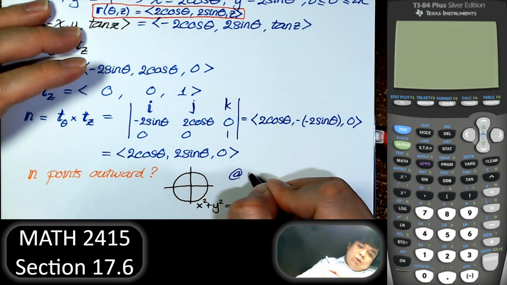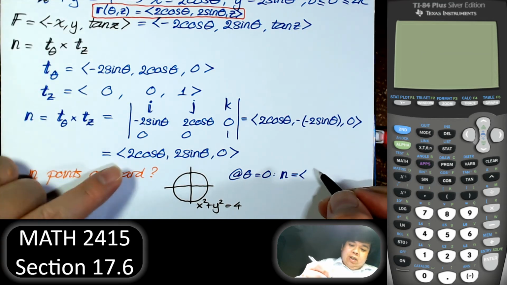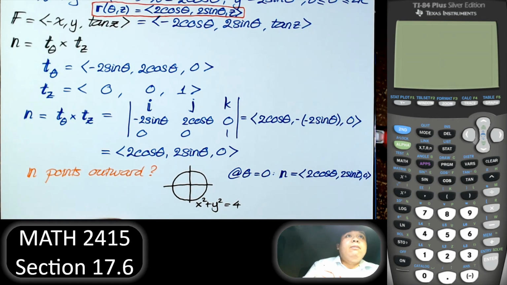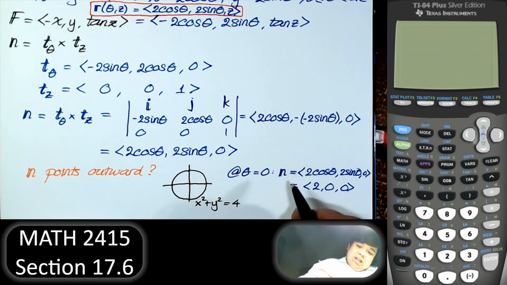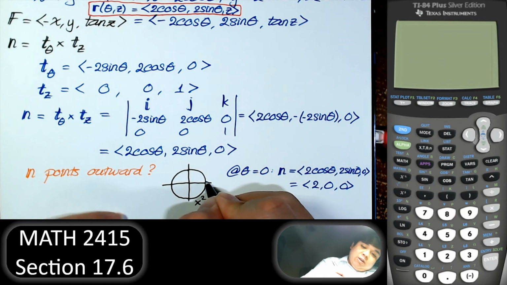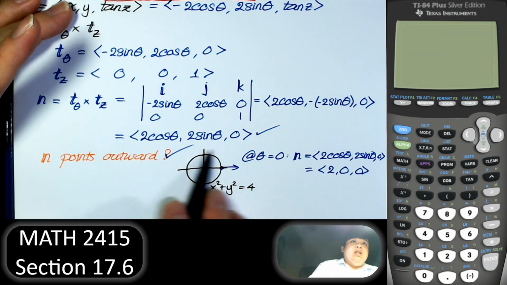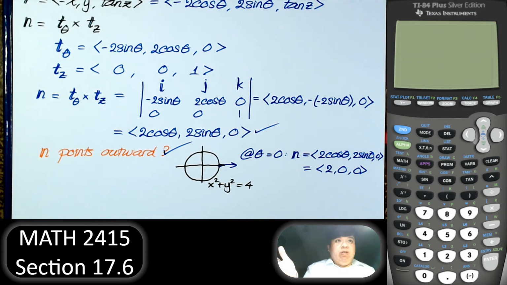Let's say at theta equal to 0, the normal vector equals what? 2 cosine of 0, 2 sine of 0, and 0. Cosine of 0 is 1, sine of 0 is 0. So ignoring the z, x and y give us 2 and 0, so the vector points outside. This was to point outward, so yes. That means we do not need to reverse this. Usually we just need to check one point. If it happens to point inside, we have to reverse it and make it point outside. In this case, we don't have to.